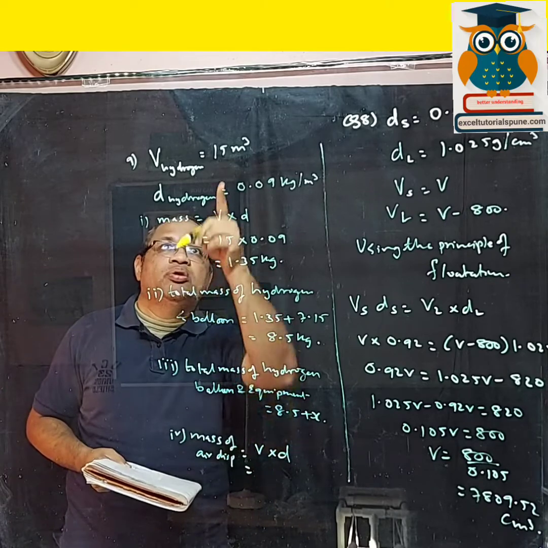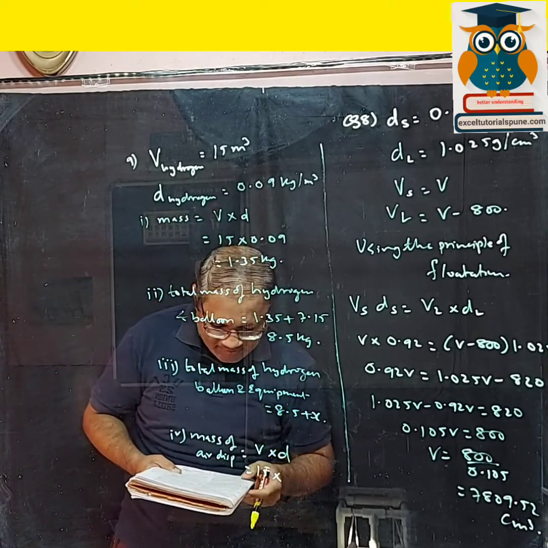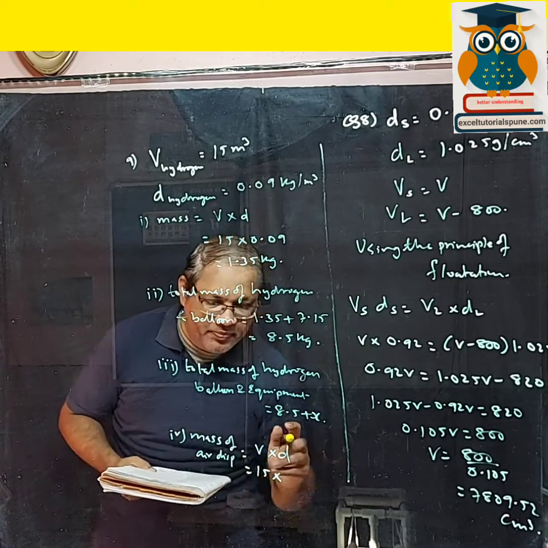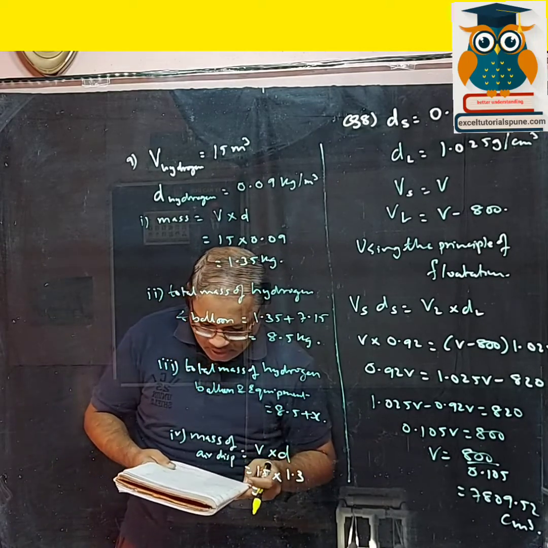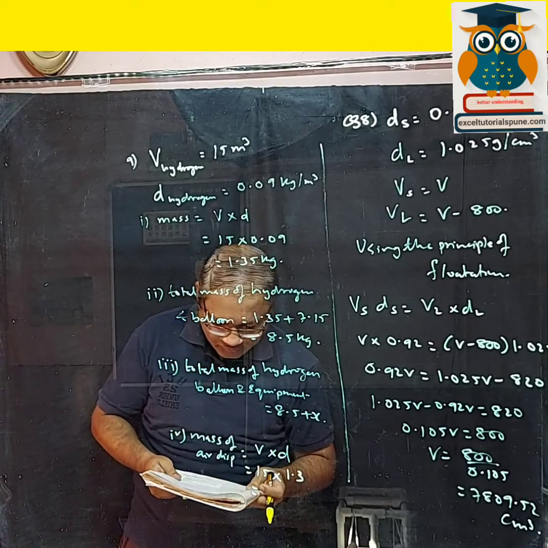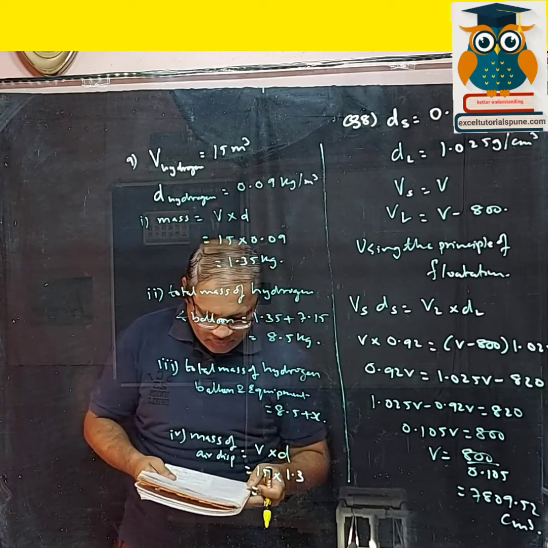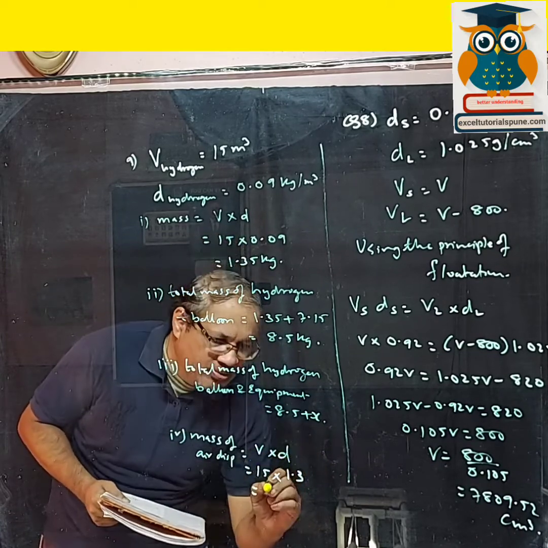Volume of the balloon is 15 and density of air we have to take. Now if you read the question, density of air is given 1.3. So that comes to 19.5 kg.